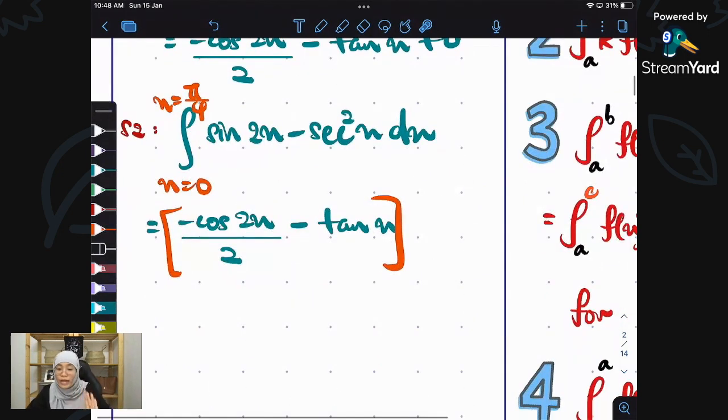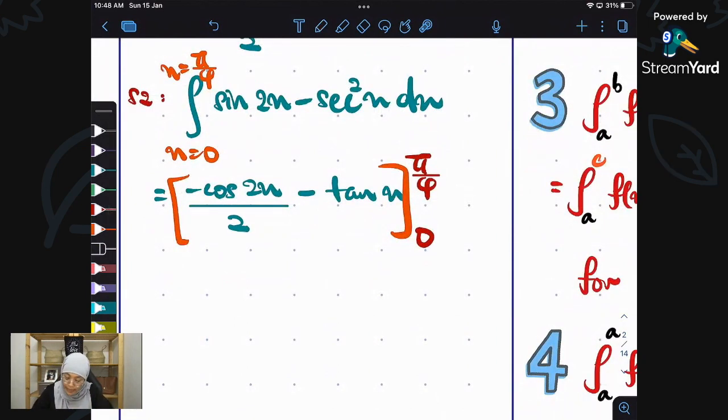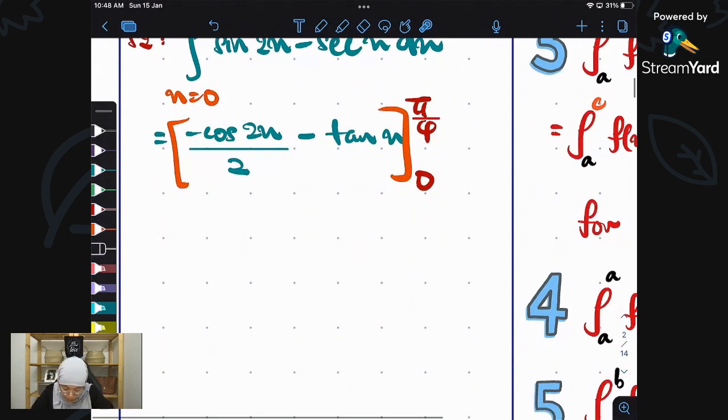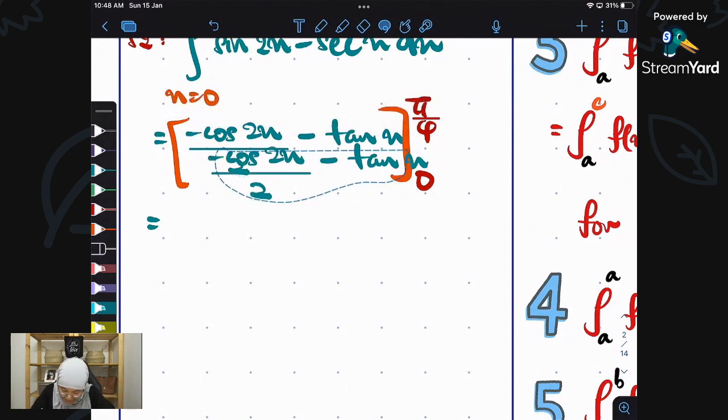But then we don't put any more plus c. We put 0 until pi over 4. So our job now is to substitute the value of pi over 4 into the x, as well as the 0 into the x there, with the formula of f(b) minus f(a). And then here we go. I will now just copy paste these things.